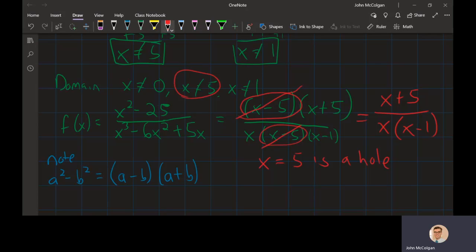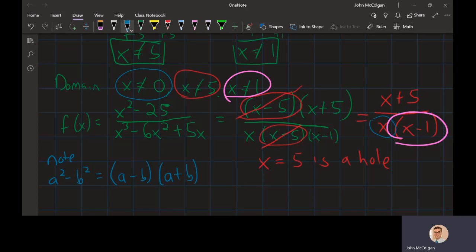Now, there's no other cancellation that could go on here because I have an x plus 5 in the numerator, but I don't have one in the denominator to cancel. I can't cancel out my x's because division doesn't undo addition. I can't cancel out the x minus 1 because there's no x minus 1 term in the numerator. So that means these other two values, this x, which corresponds to this value here, and this x minus 1, which corresponds to this value here, are asymptotes.